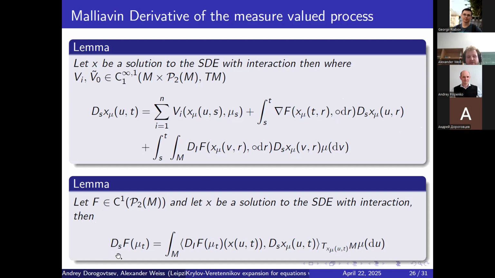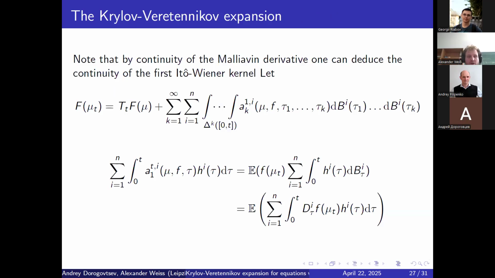It gives us a formula for the chain rule for Wasserstein functionals, and this can be proven by, again, proving it for discrete measures and then approximating. So more or less, we would have all the ingredients.